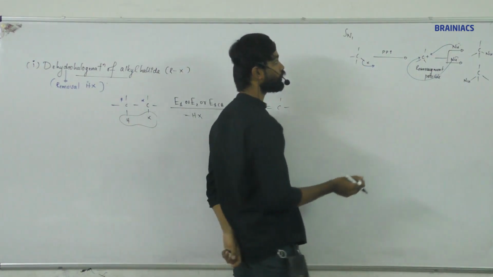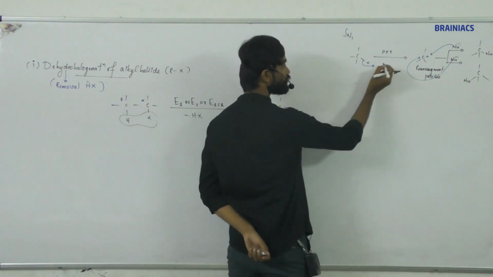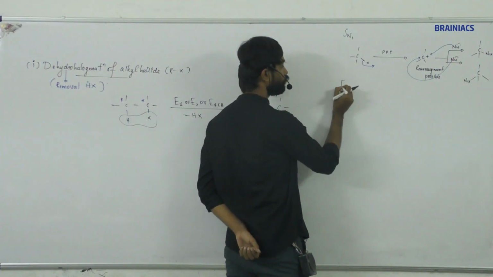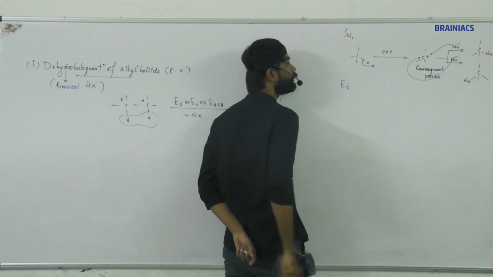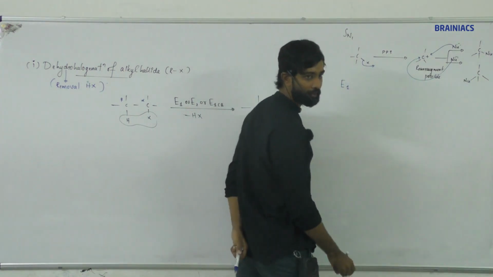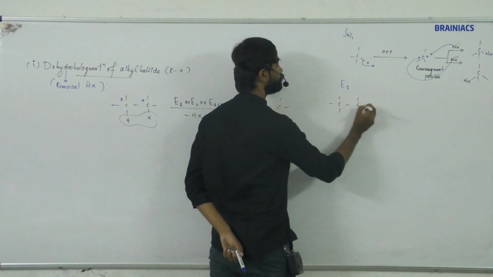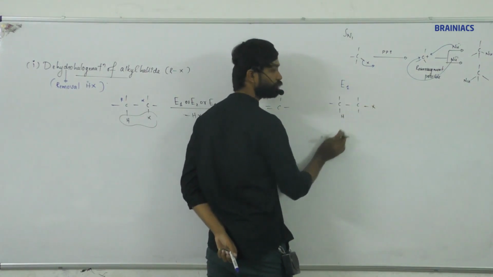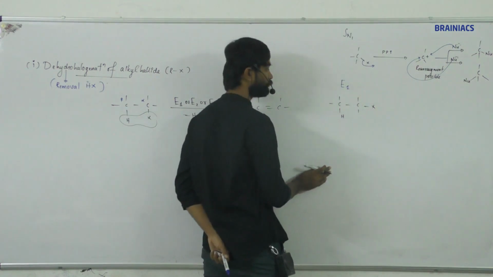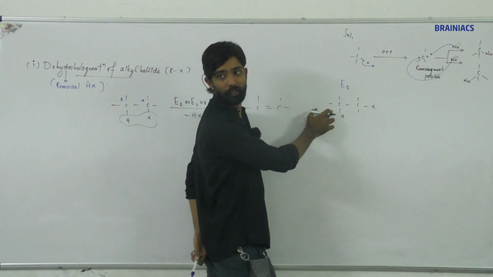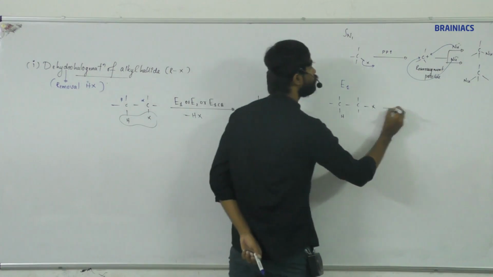Okay, what is the change in E1? This is the SN1 mechanism, so you can very well compare the E1 mechanism with the SN1. That means I have an alkyl halide like this, an alkyl halide with a beta hydrogen.